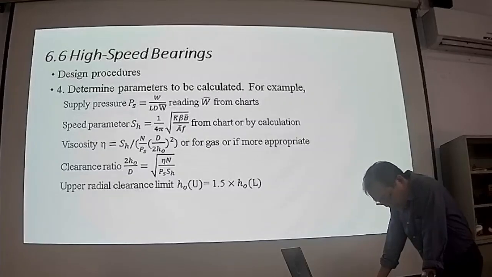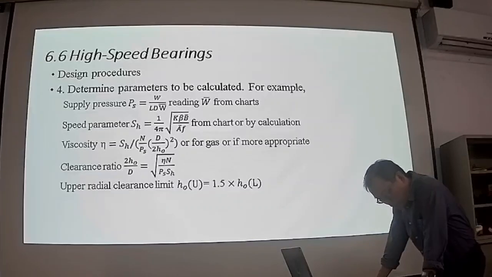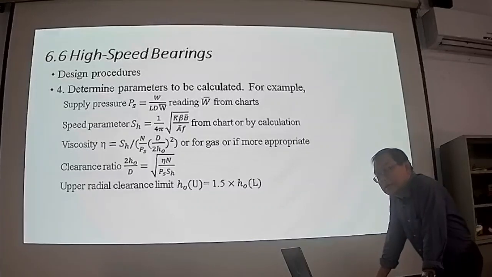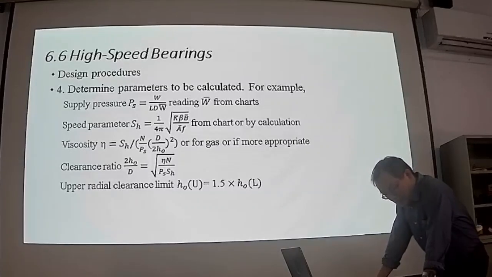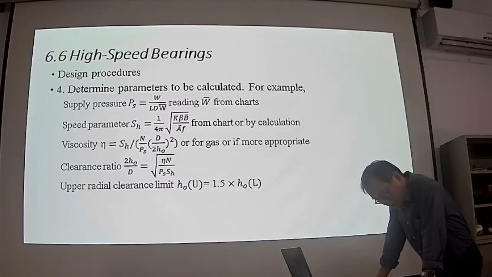For example, the load capacity for your bearing and the size for the installation geometry constraint for installation, okay? Diameter or length, or even the operational speed for your application.